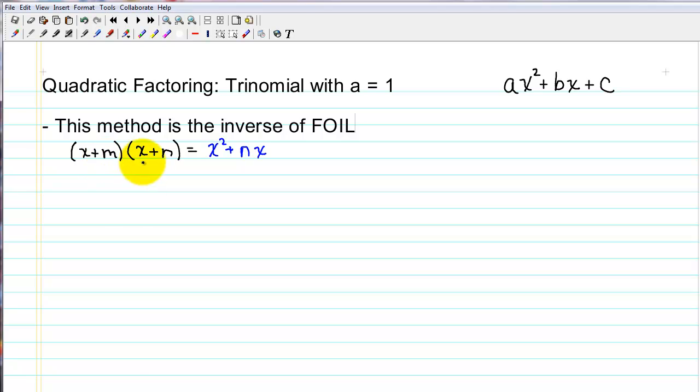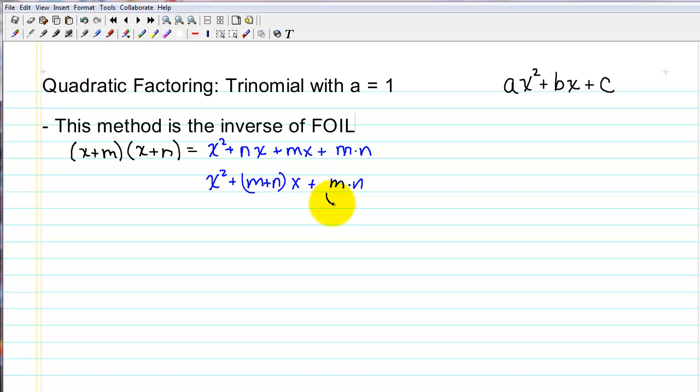We do our insides, we get m times x, or mx. And we do our last, which in this case would be m times n. We could group those two terms and factor the x, so I want to do that so that we can see our pattern here. So I have m plus n times x plus m times n.